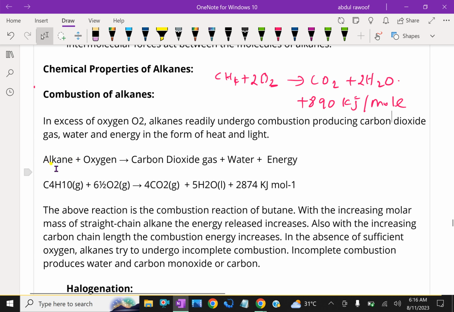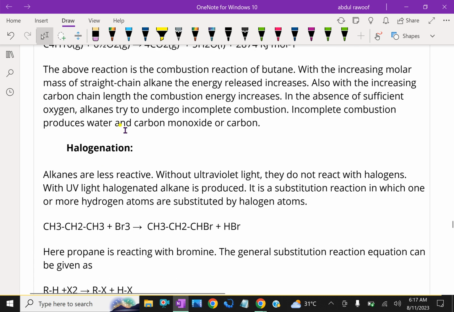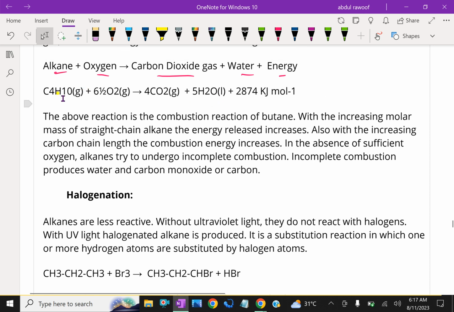In word form, alkane plus oxygen gives carbon dioxide plus water plus energy. This is the basic formula for combustion of alkanes. Here is the combustion reaction of butane: C4H10 plus 6.5 O2 gives 4CO2 plus 5H2O, with energy of 2874 kilojoules per mole.